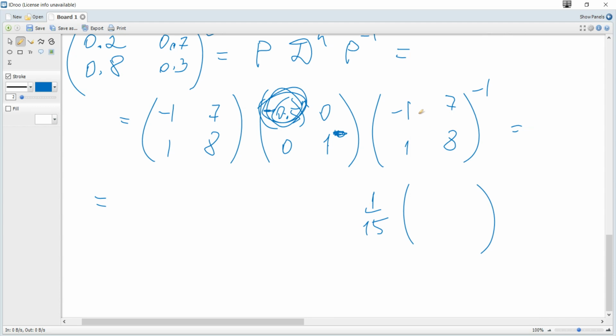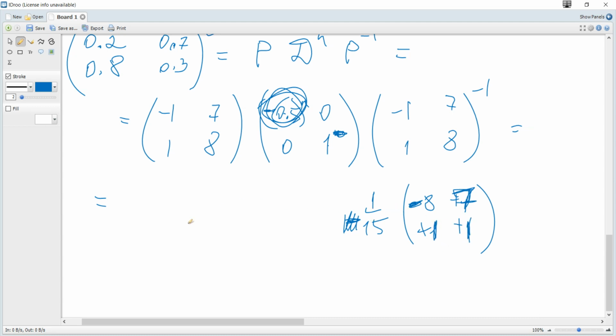We change these values, 8, negative 1, and change the minus, and change the sign for this, so negative 7, negative 1. You can see that we can multiply by negative 1 each in the matrix to avoid a large amount of minuses, so it becomes like this, and just 7, 1, 1.